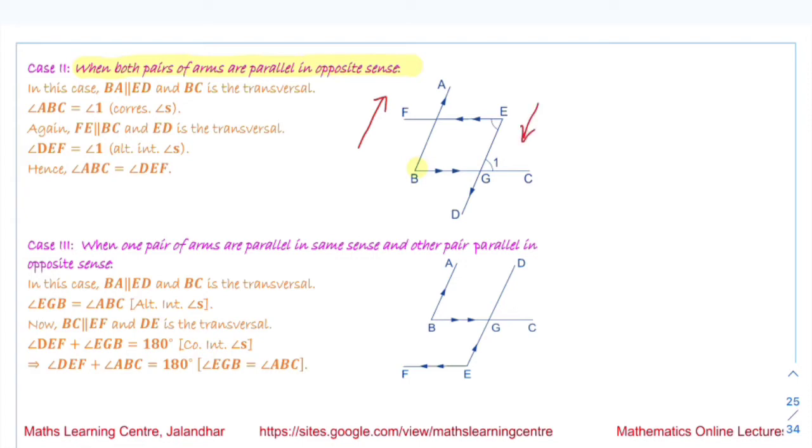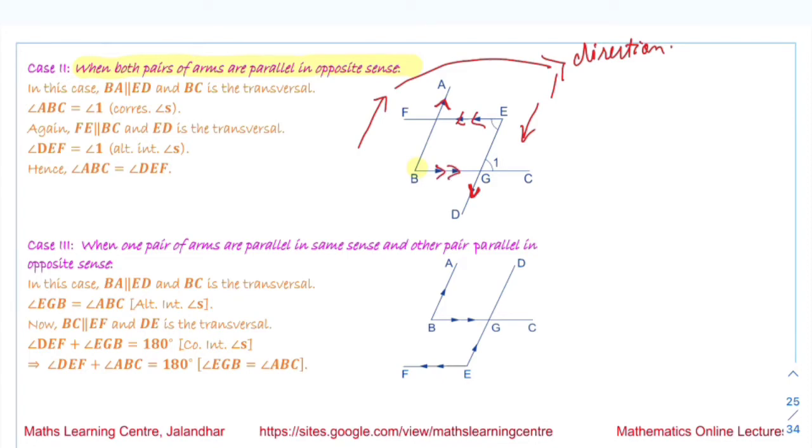So the sense means that the directions of both these rays are opposite. But as lines, this line is parallel to this line and this line is parallel to this line.